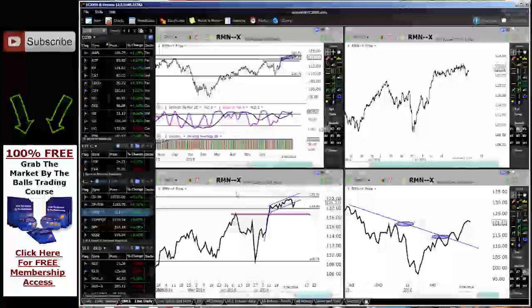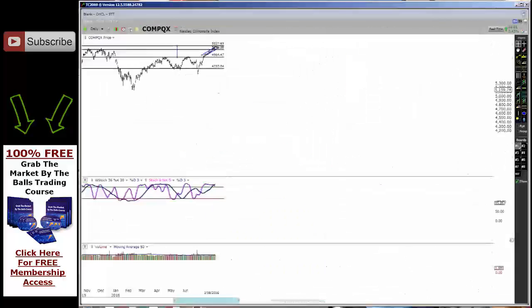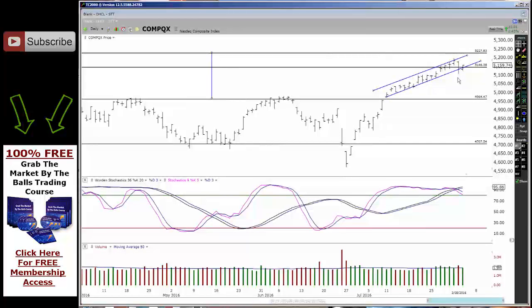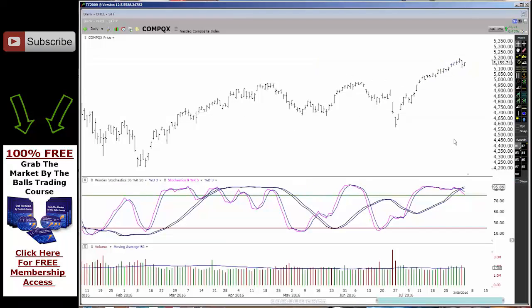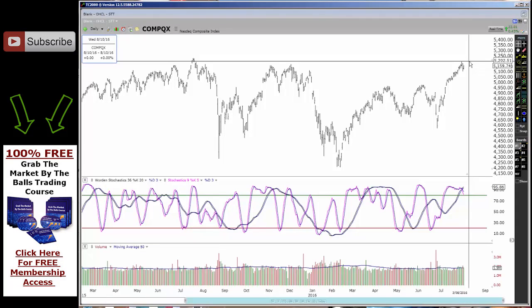Moving forward, guys, onto the Nasdaq. The Nasdaq is sort of holding. It's still holding this upward channel. It hasn't broken out and it hasn't broken up. We're still not really going anywhere right now with the Nasdaq. If I take this off the screen, you can see we're still struggling around those high points.